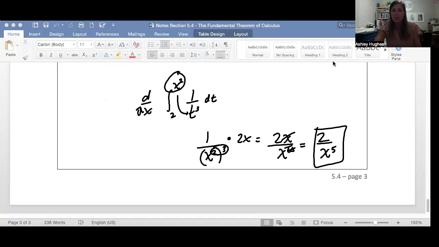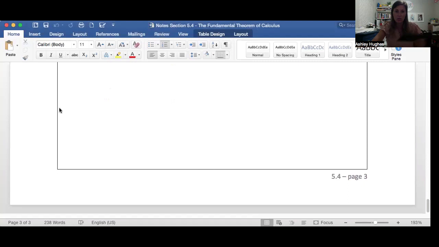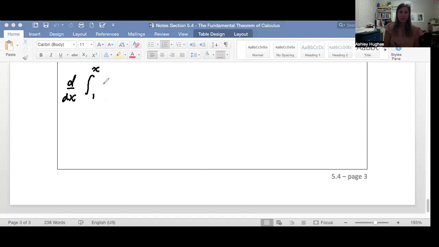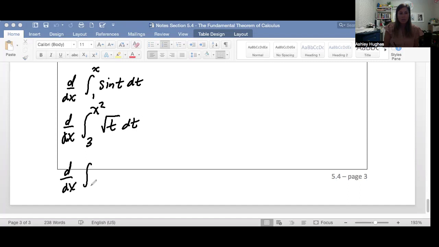So let me give you a couple more examples of that. Okay, again, these problems are special because we're taking the derivative of an integral.